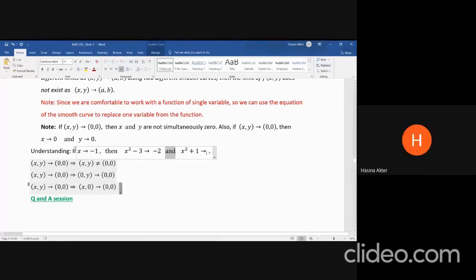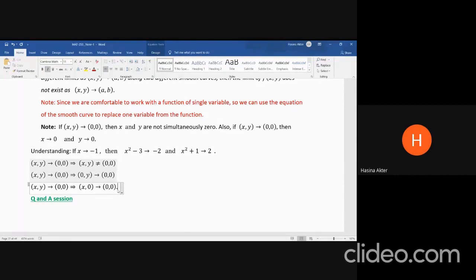Very good. So now I will state a few things. Let's see if you understand that. Suppose that we are given a question and we are asked to show that the limit does not exist.